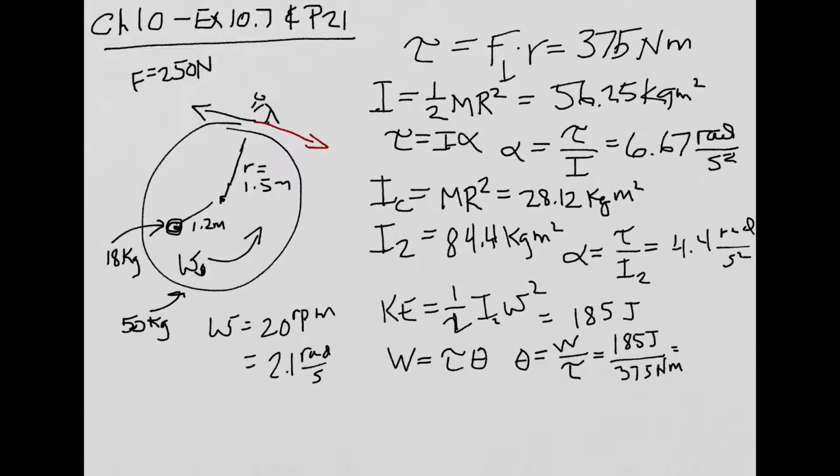So that becomes 0.49 radians. And if I wanted to convert it to revolutions, it's divided by 6.28, that's 2 pi, or 0.078 revolutions. So it can stop fairly quickly.